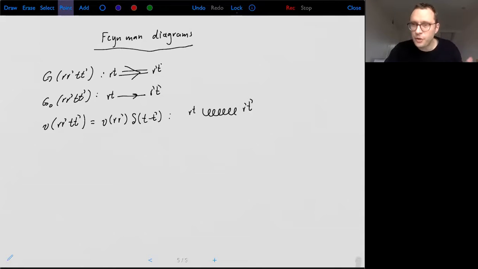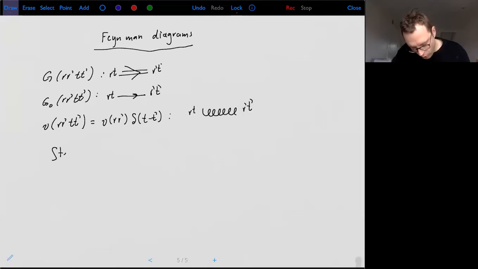And this is a very useful picture when you draw these diagrams, because you can think of these electrons propagating, and once in a while they will emit a photon, and at some point later they will reabsorb a photon, for example. So let's then go through these rules for constructing a diagrammatic representation of the interacting Green's function.